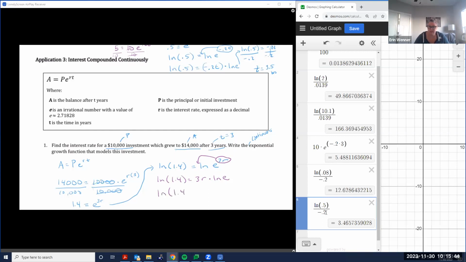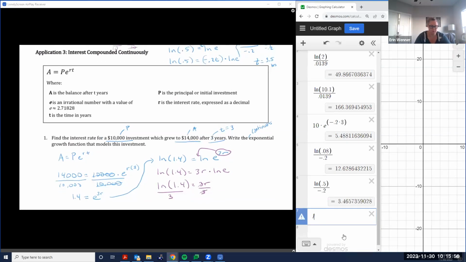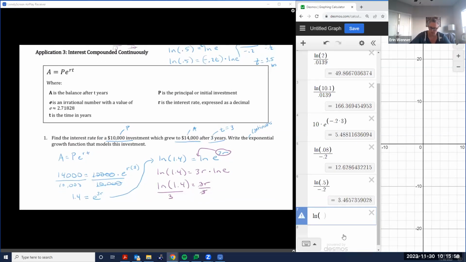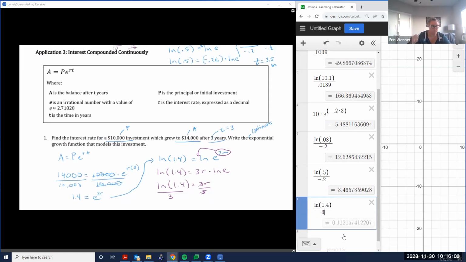And then our final step is to divide by 3. So over in our calculator, we'll do the natural log of 1.4 divided by 3 gives us 0.112.